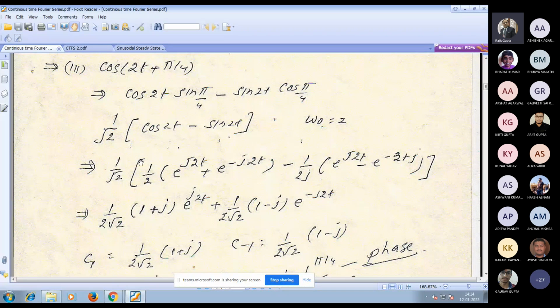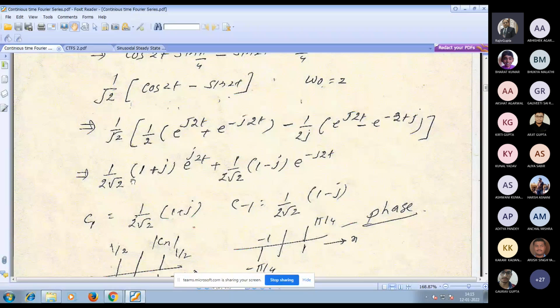And if I want to write cos 2t and sine 2t in terms of exponentials to find the Fourier series coefficients by comparing with the complex exponential Fourier series, we have e to the power j2t plus e to the power minus j2t, minus 1 by 2j times e to the power j2t minus e to the power minus j2t.